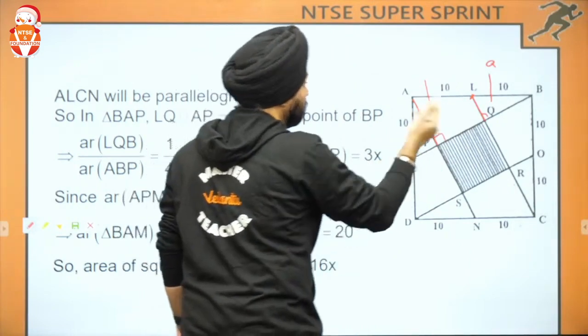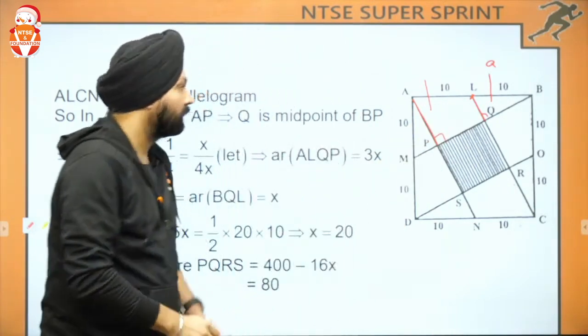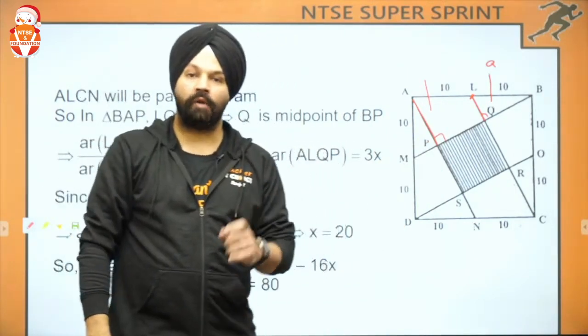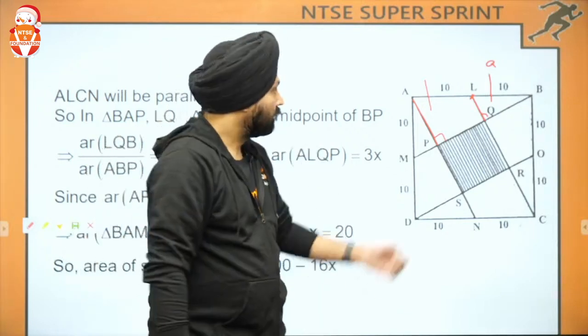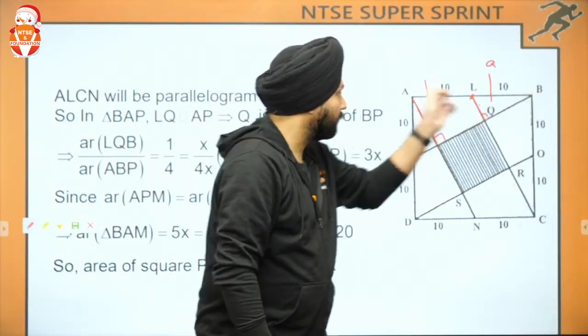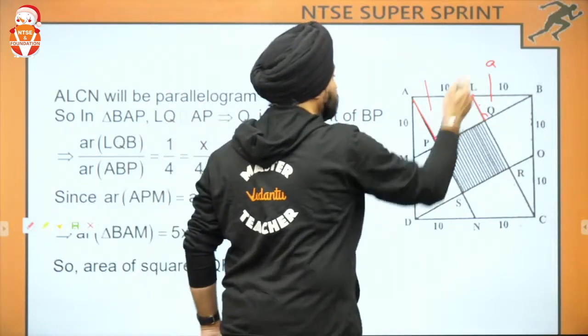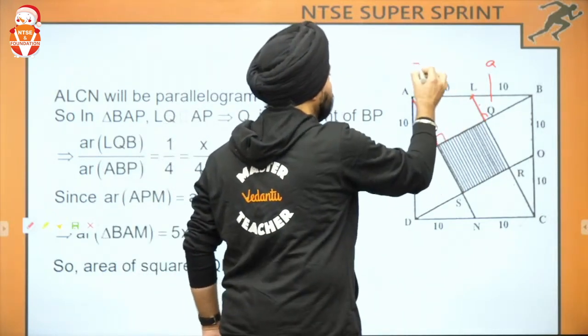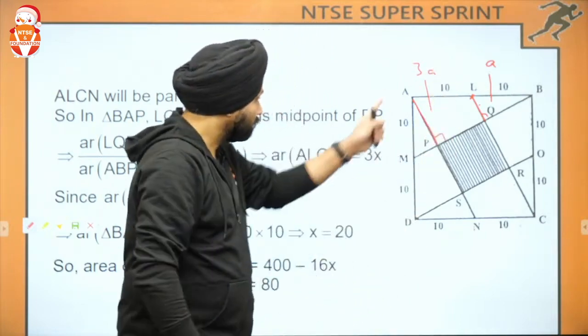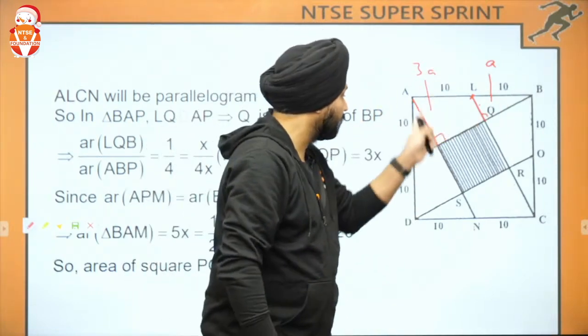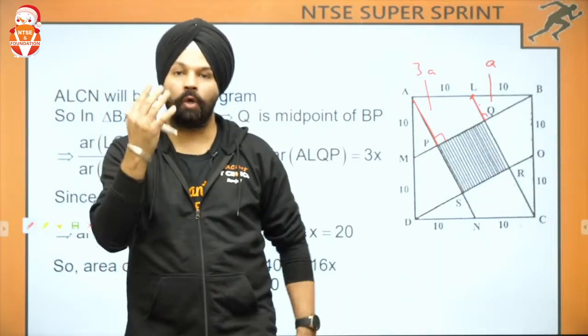It will be 3A. Why 3A or 4A? Well, we know that area is always proportional to the square of the side. Smaller triangle to bigger triangle will be 1:4. That means if this smaller triangle is A, this trapezium will be 3A, so that the full triangle APB is 4 times A.